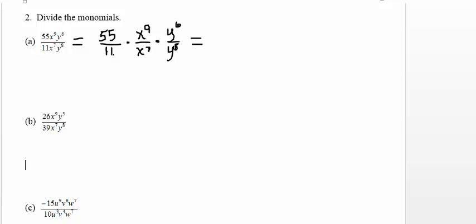Now 55 divided by 11 is 5. X to the 9th divided by x to the 7th is x to the 9 minus 7. Y to the 6th divided by y to the 8th is y to the 6 minus 8.